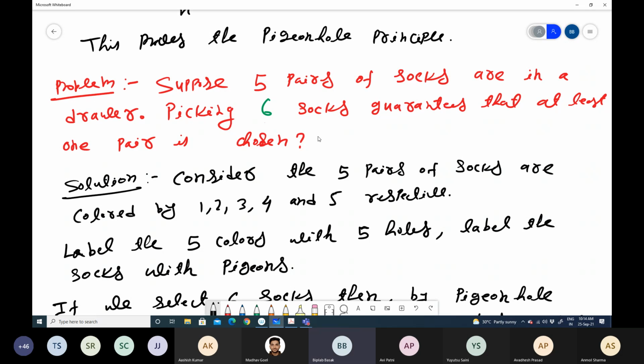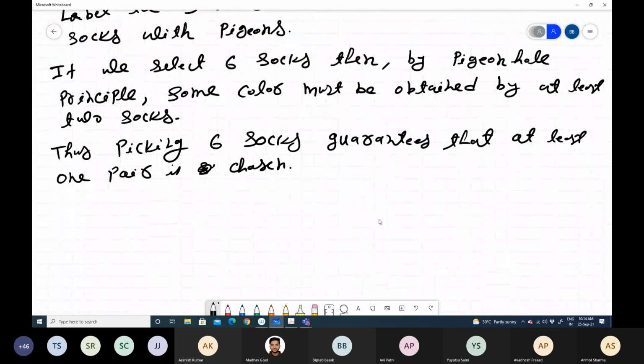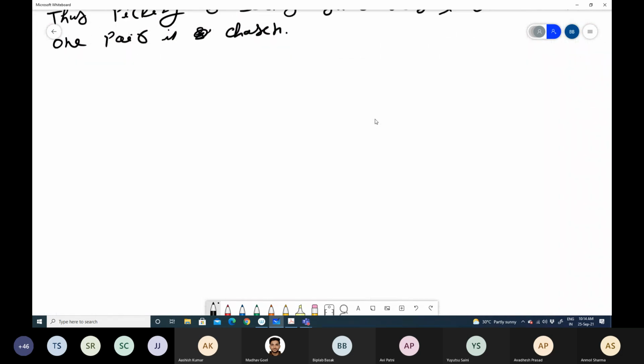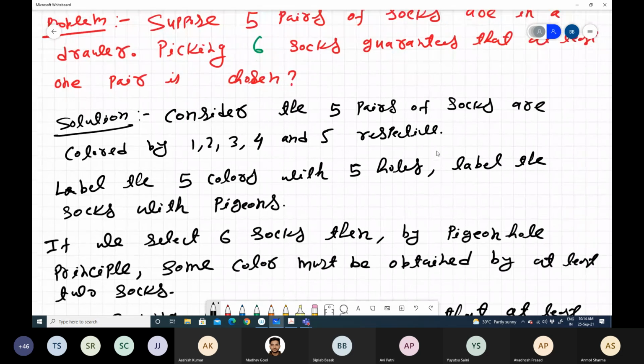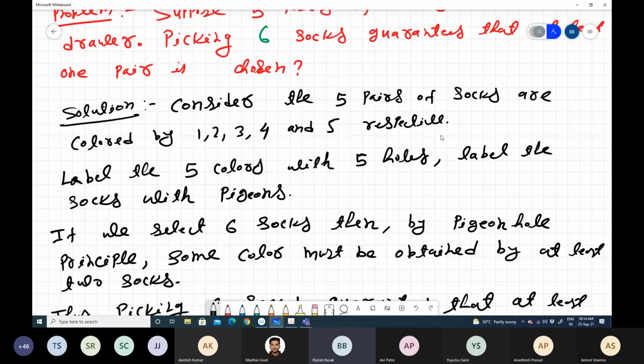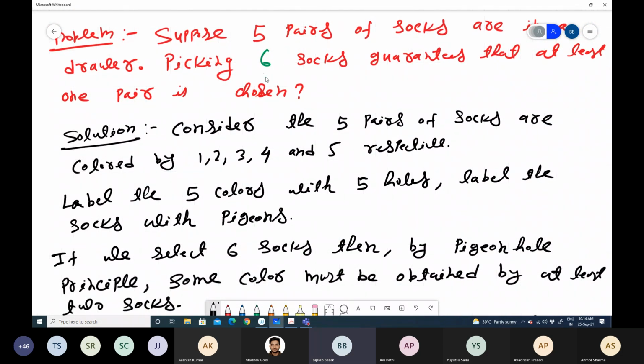Then definitely you will get not only one pair, you will get all the pairs. So in that case, we would ask what is the minimum number, if I ask you in that way.